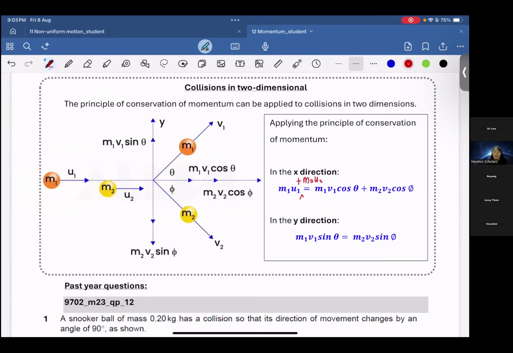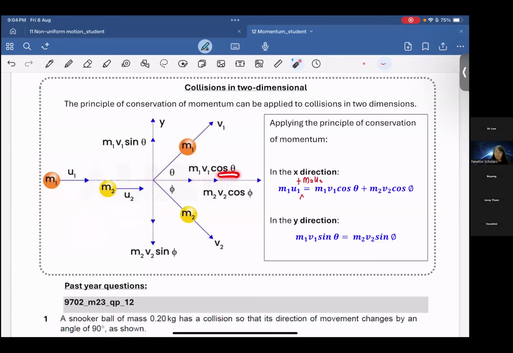Okay, after collision, they have a certain angle. So here, we need to separate into x-axis and y-axis, x component and y component. So in your x direction, it will be M1 U1 plus M2 U2 equals M1 V1 cos theta plus M2 V2 cos theta. We need to change to the x-axis, so how do we change the angle in between?